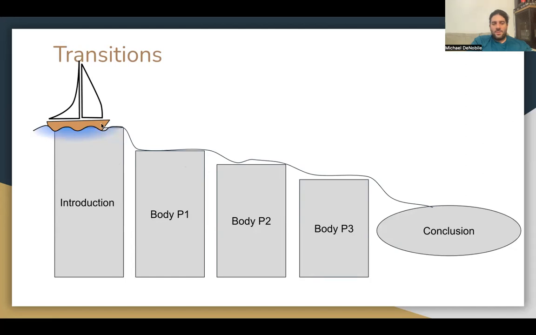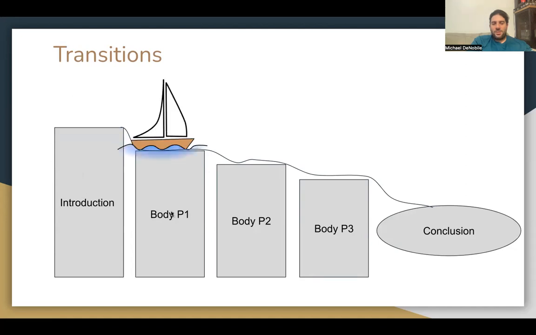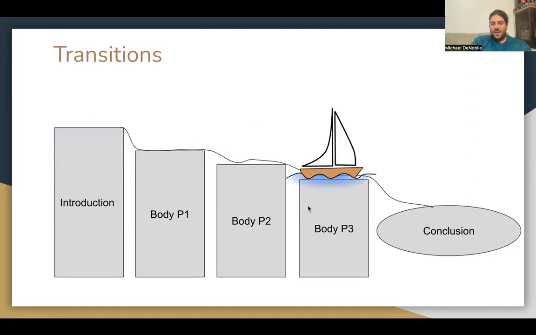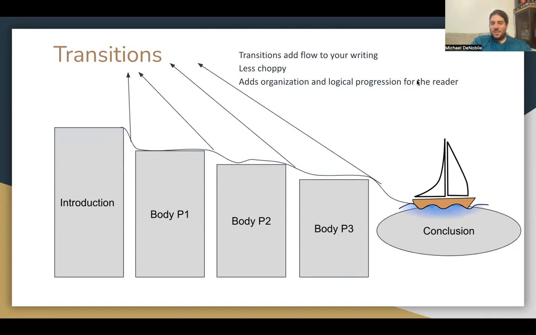And so what happens is when we add the water, the boat can go from Mount Introduction to body paragraph 1. And it's gonna hop down these little waterfalls to body paragraph 3, and then we get to the Lake of Conclusion. It's always a great place to be, the Lake of Conclusion.